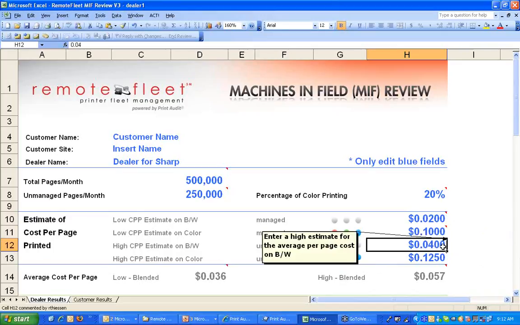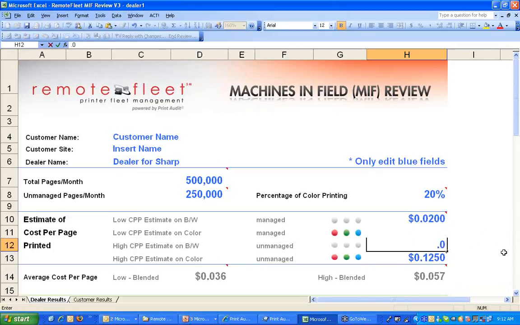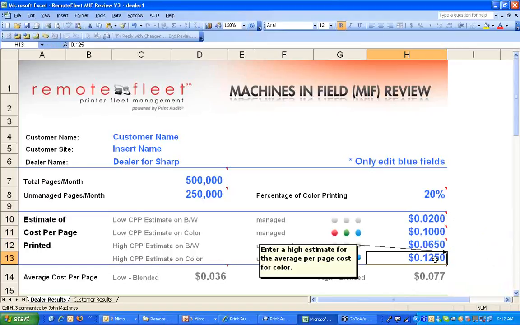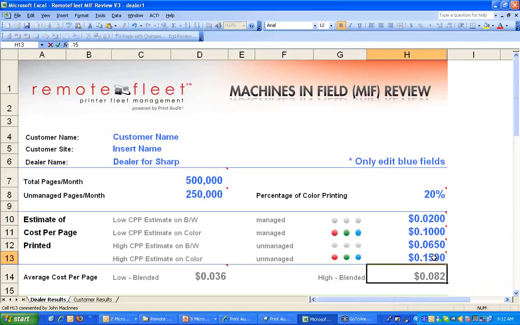And remember, this is including the cost of the device. Now, if you do the same for the unmanaged devices and include the upfront purchase price of the device, these numbers would probably show up at around 6 cents or 6.5 cents per page for black and white, and roughly 15 cents for color.